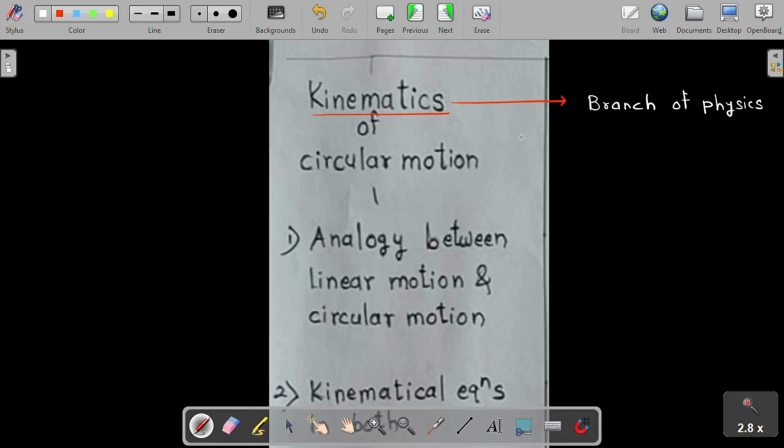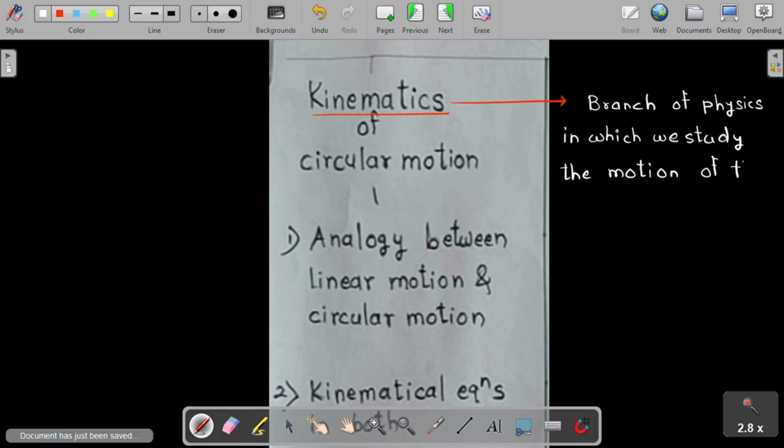in which we study the motion of the object.